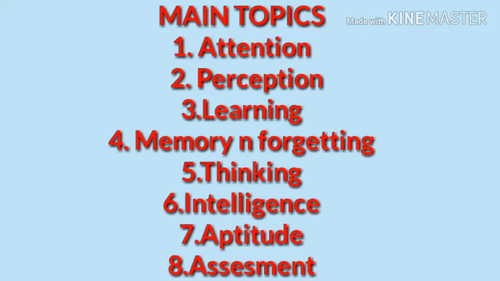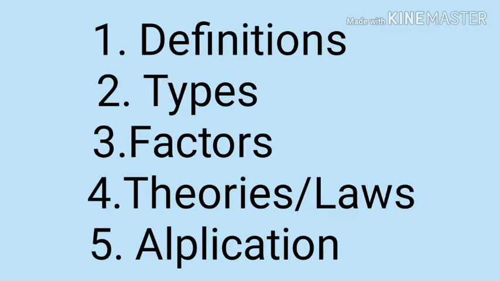So these are the main topics, and all these topics are very big topics, but in all the topics there are 5 basic important things which you have to learn. First thing is the definitions. Second thing is the types. Third thing is the factors.